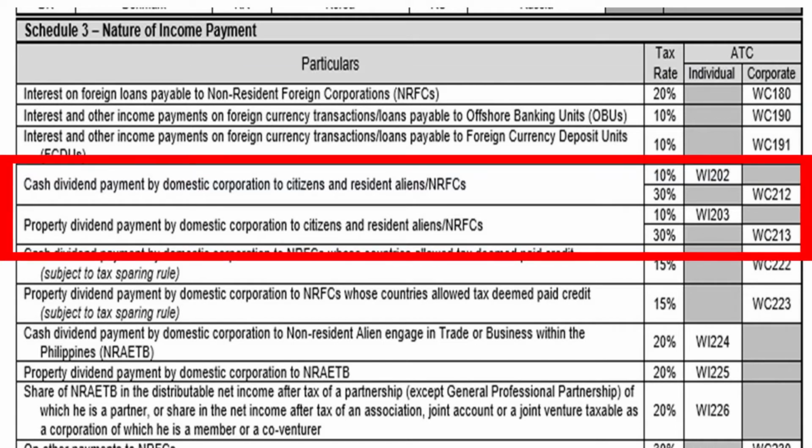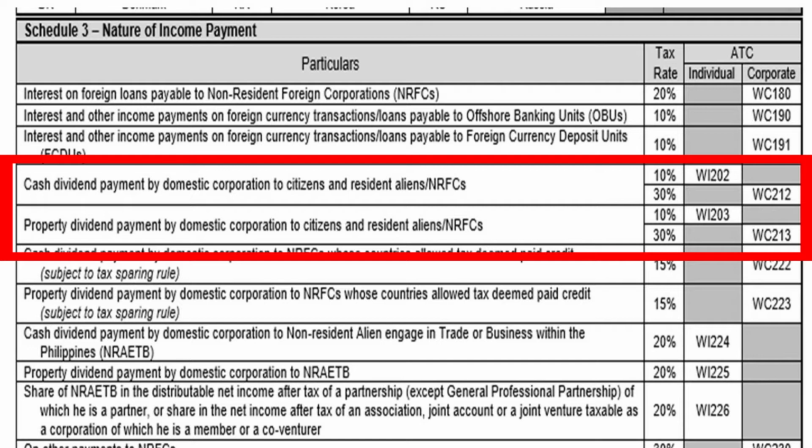Cash dividend payment by domestic corporation to citizens and resident aliens, non-resident foreign corporations, 10%, WI202, and 30% for corporate, WC212. For property dividend payment by domestic corporation to citizens and resident aliens, 10% for individual, WI203.